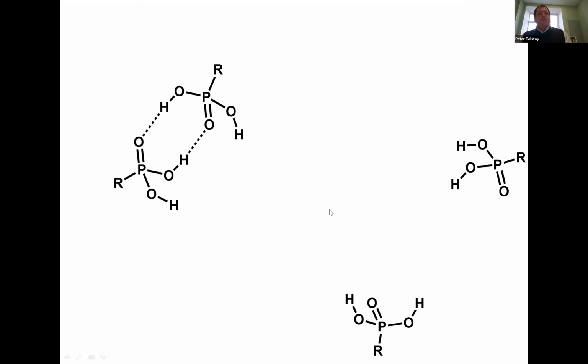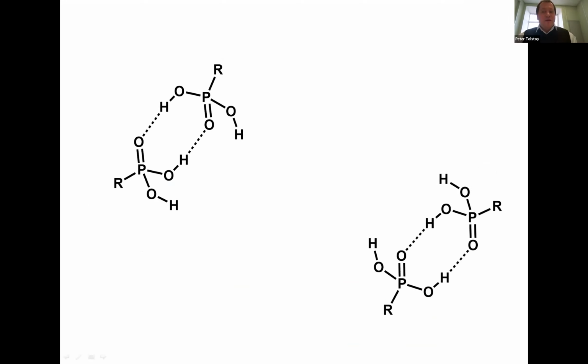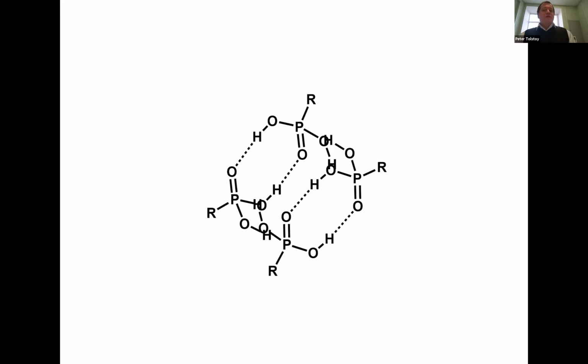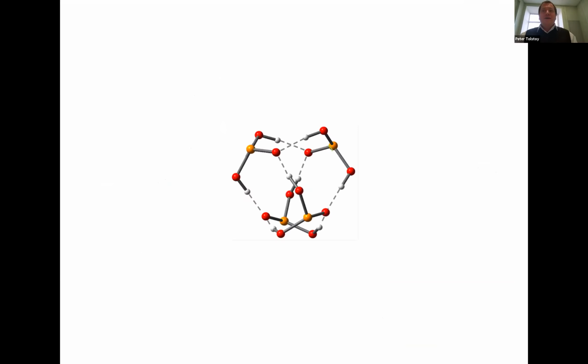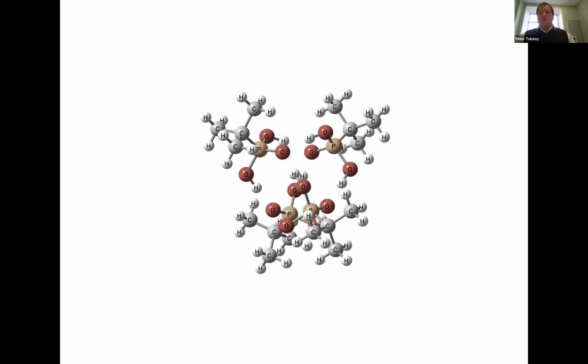2 other molecules come together and form yet another cyclic dimer with 2 dangling protons. Now, these 2 dimers can approach each other and form a sort of cage, a cluster of 4 molecules in a sort of tetrahedral configuration. If I add substituents here, there will be just more atoms and it's harder to see.